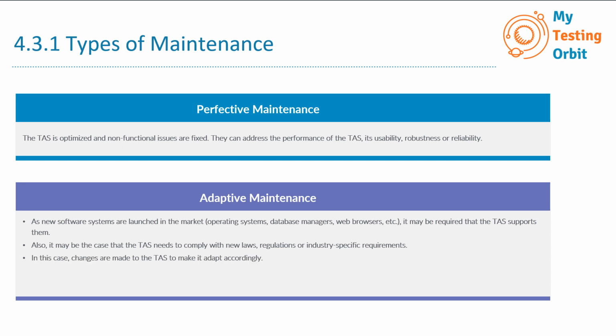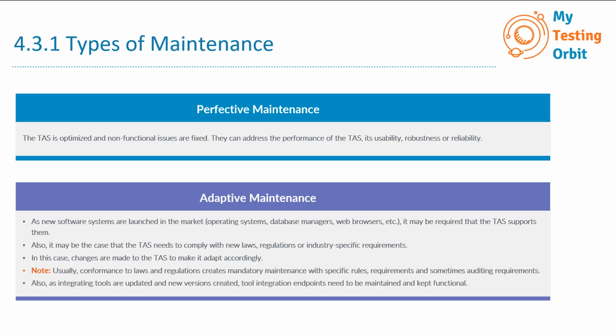In this case, changes are made to the TAS to make it adapt accordingly. Note: usually conformance to laws and regulations creates mandatory maintenance with specific rules, requirements, and sometimes auditing requirements. Also, as integrating tools are updated and new versions created, tool integration endpoints need to be maintained and kept functional.